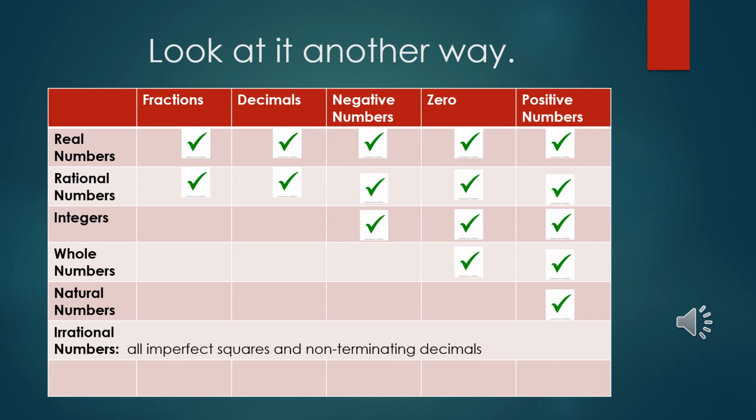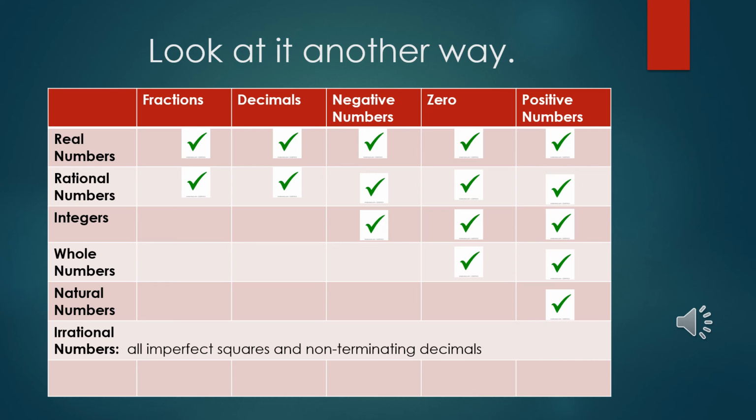Across the top, we have fractions, decimals, negative numbers, 0, and positive numbers. You can use a semantic map like this to show the categories that different numbers fall into. For example, fractions, decimals, negative numbers, 0, and positive numbers are all real numbers.